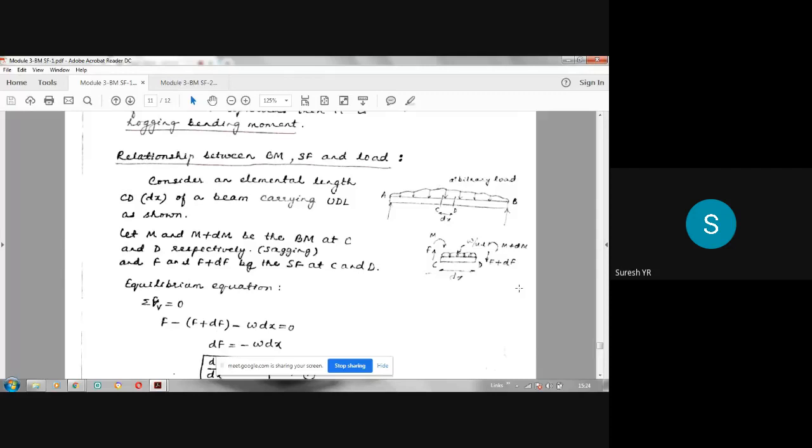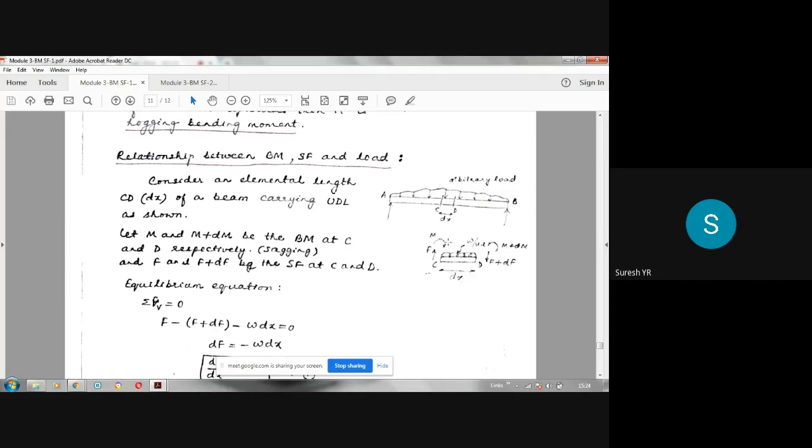So consider an elemental length CD, dx, of a beam carrying UDL as shown in the figure. Let M and M plus dM be the bending moment at C and D respectively. I take sagging. And F and F plus dF be the shear force at C and D. F is the shear force at C, F plus dF is the shear force at D. It acts downwards. We know that shear forces will be opposite in nature.